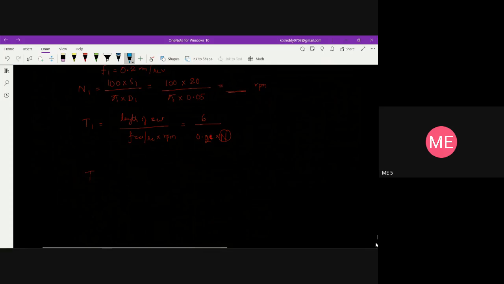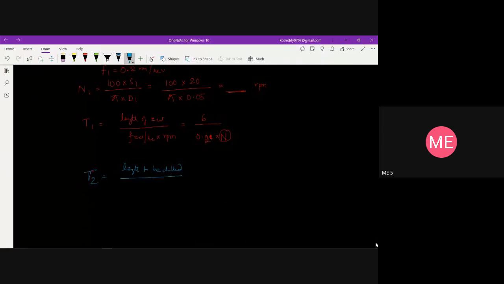So what is the drilling time? For the drilling operation, the length we need to drill divided by feed per revolution into RPM. We know that the cutting speed for the drilling operation we have taken as 30 meters per minute.